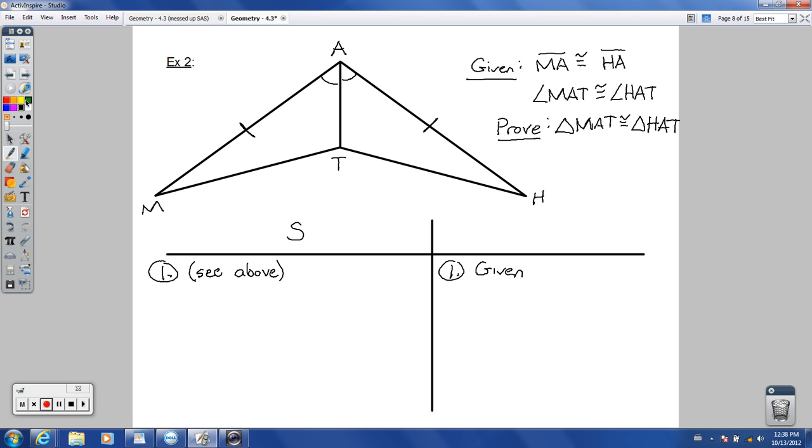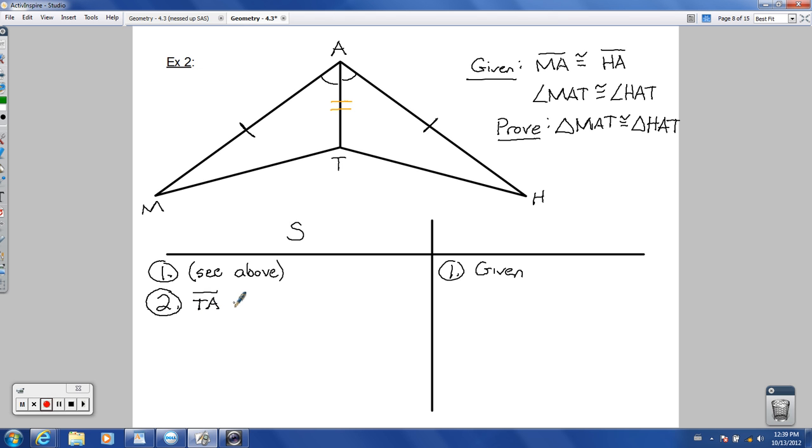Yeah, sure. So let's use orange for this one. I'll say this, in a sense, is the same in both triangles. AT is the same in MAT as it is in HAT over here. So this property, we don't use this all that often, but this is where I think it is beneficial to say here that we have TA is congruent to itself.